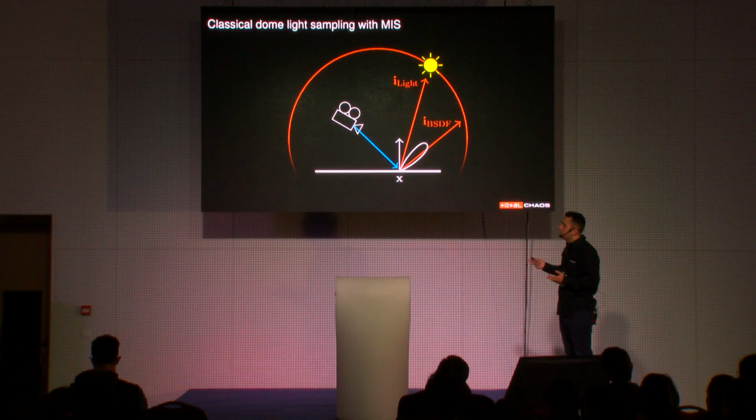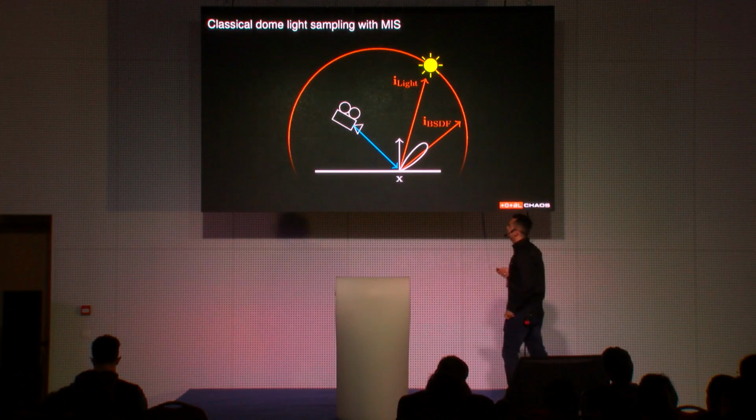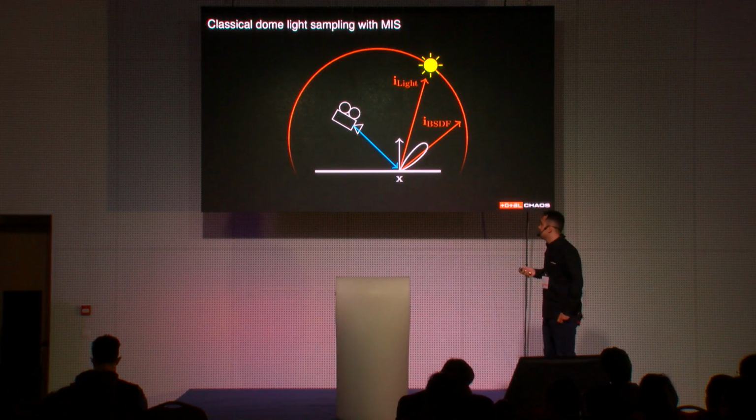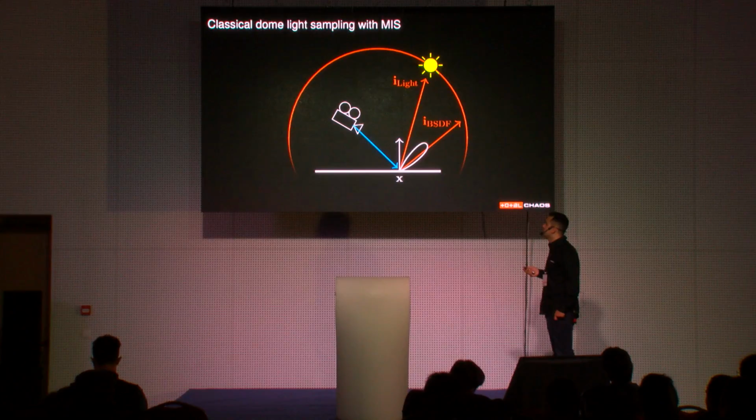We shade this. We trace these directions, and we combine their result using the weights from the multipoint sampling, and we get an unbiased estimator, and we get much better convergence.